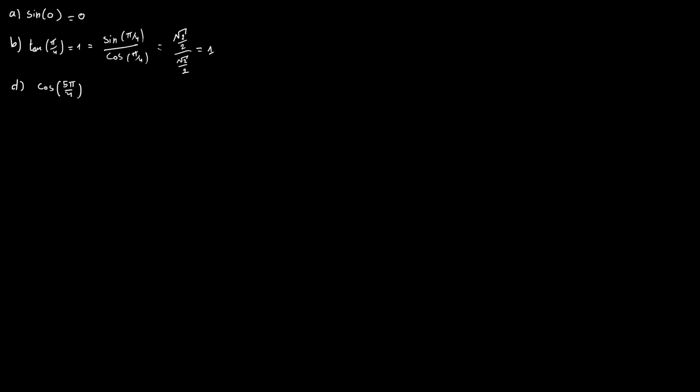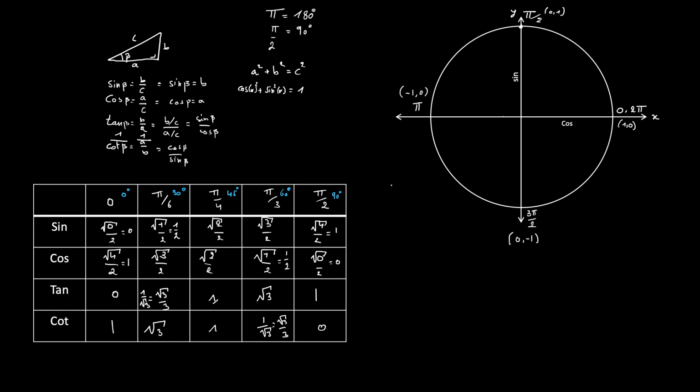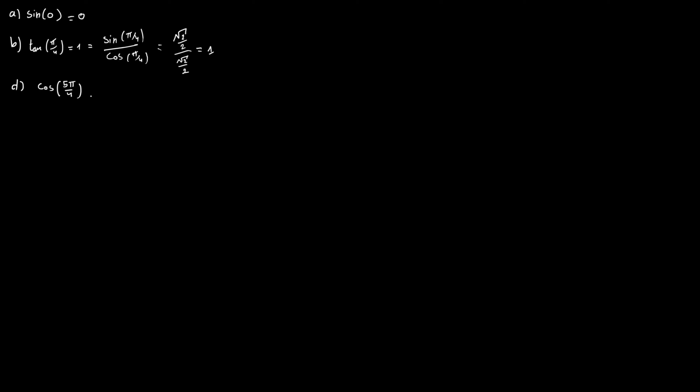In that case, we always try to find some kind of anchor points to be able to draw it. Or you can just know the angles by heart. You say, oh, I immediately know that that's going to be 225 degrees. That's also fine. But one way of considering it is cosine of pi plus pi over 4.